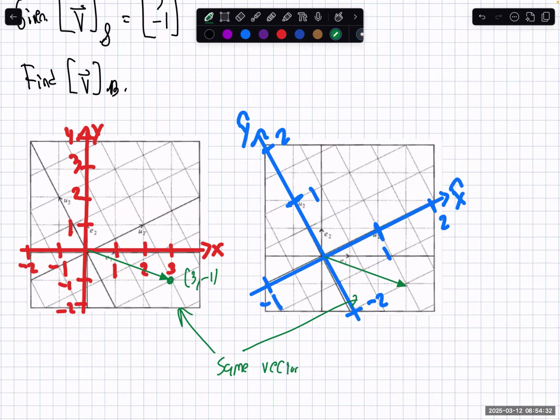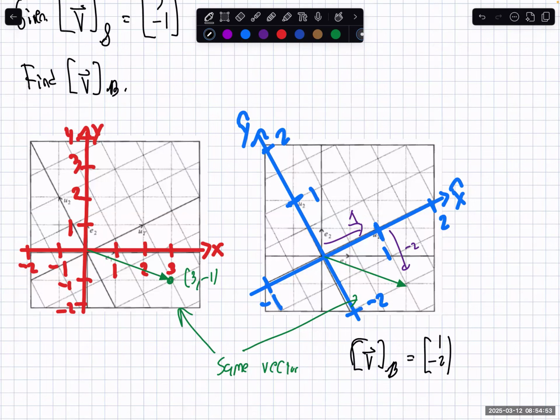But now this point is over 1 and down 2. So the coordinates of v relative to B are 1, -2.